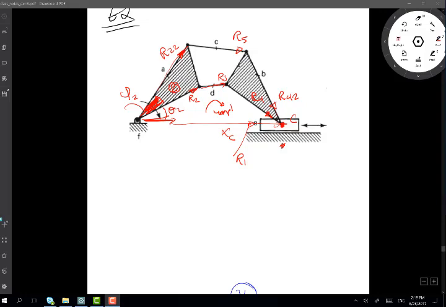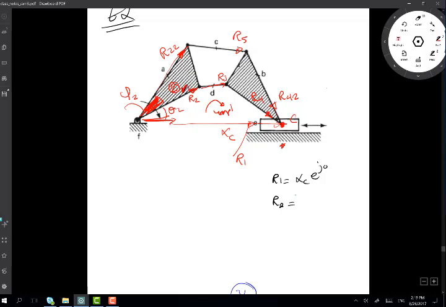So we can go: R1 is Xc e^(j0), and then R2 is, well, we need to give them some length. So I'm going to call this r2 small. It's a different color, so I'm going to call this small.